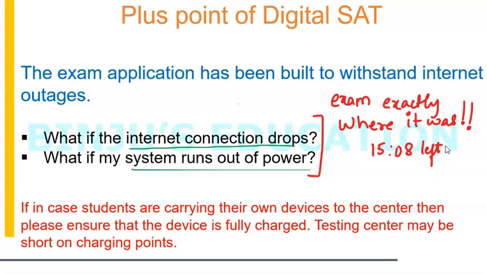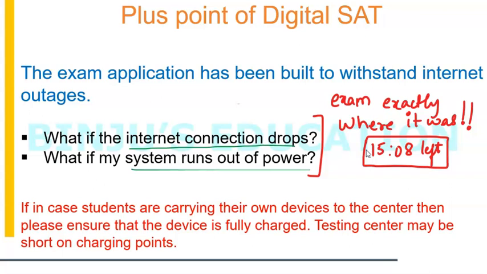Now whenever you resume your test, probably in a minute or two or three, your test will resume from 15:08 minutes, and the Bluebook app is going to save all of your answers, all of your annotations, all of your work the way it was. There will be absolutely no changes.